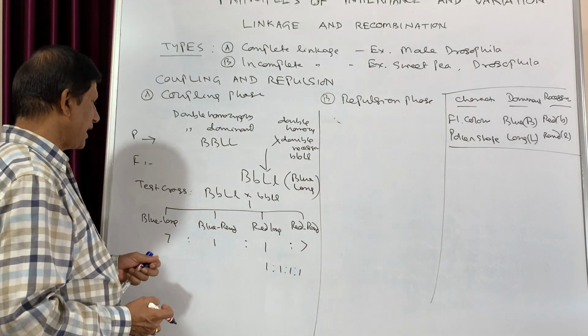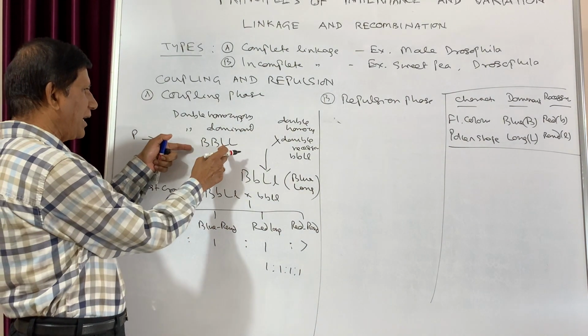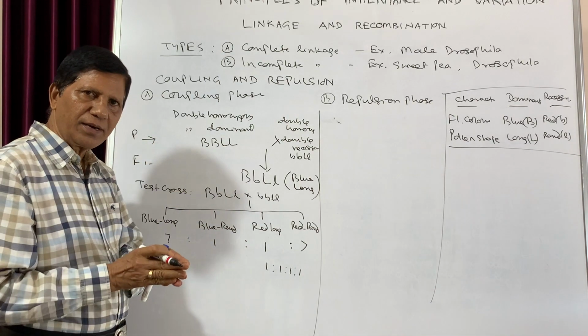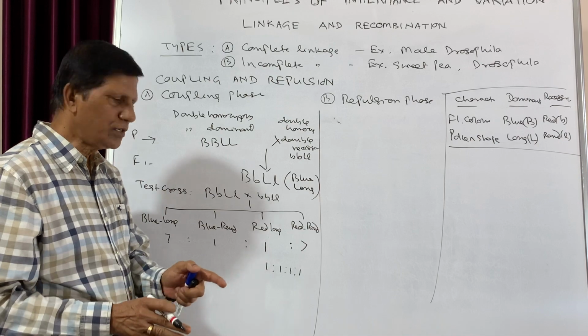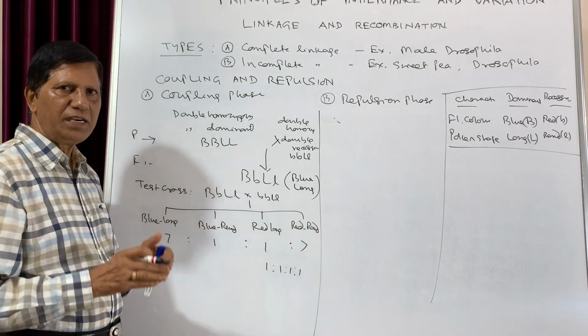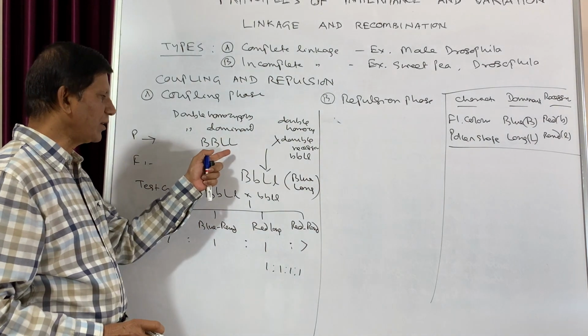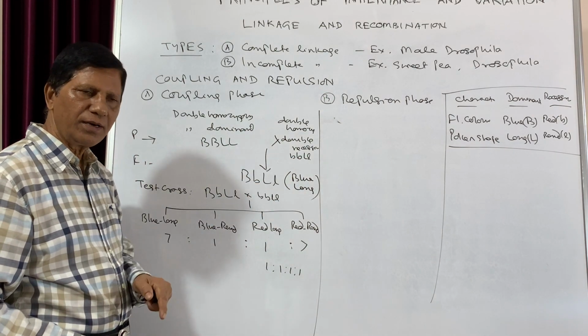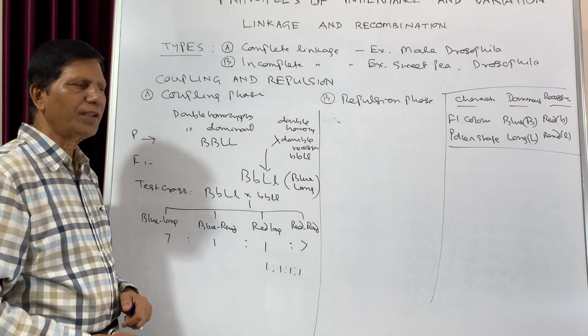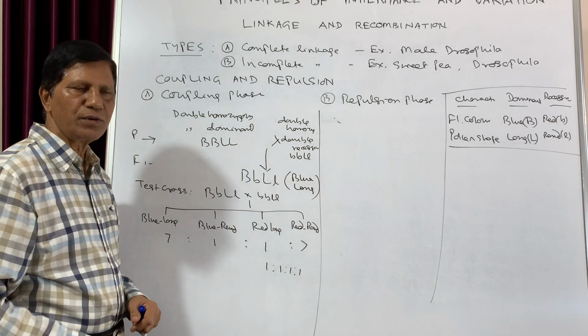That means here the dominant characters tend to remain together and the recessive characters tend to remain together. This is known as coupling. Now let us see what is happening in the repulsion phase.